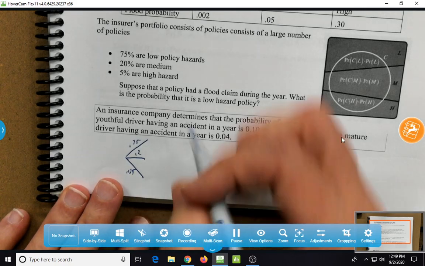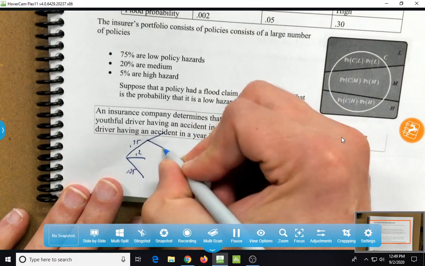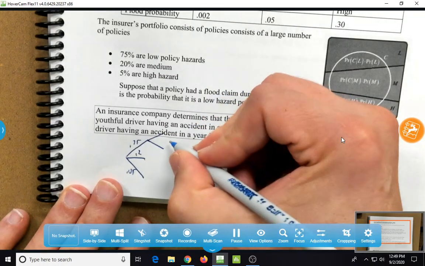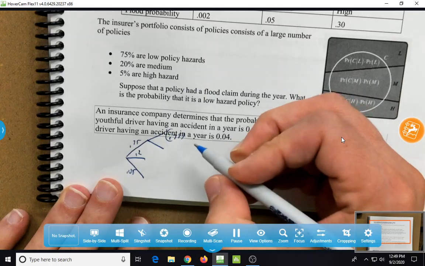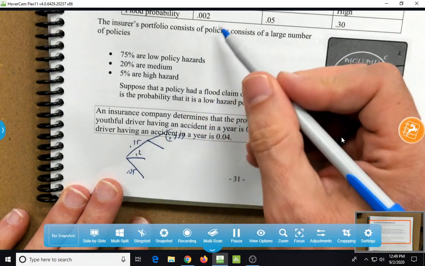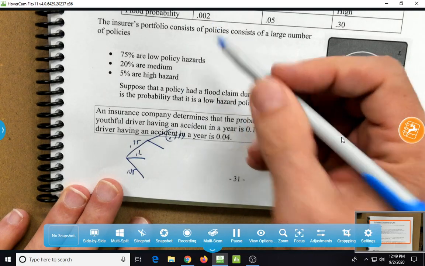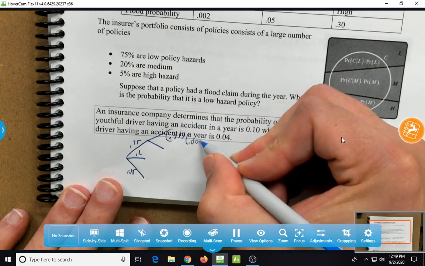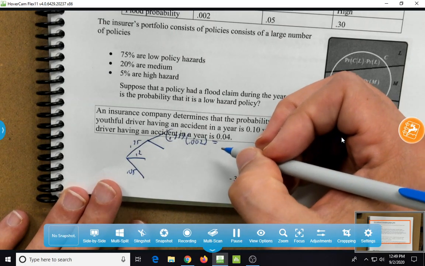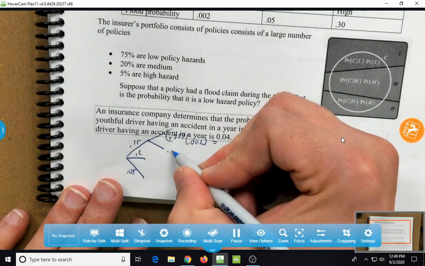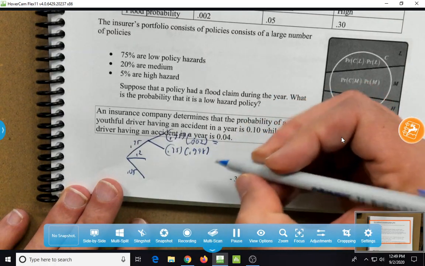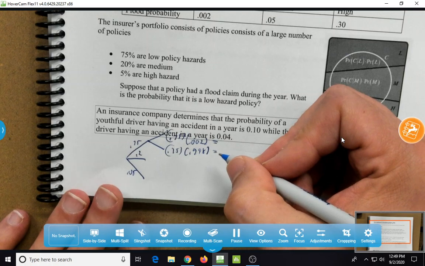The chance that your low one has a flood claim would be 0.75 times 0.002, and the chance that you didn't have a claim would be 0.75 times 0.998.